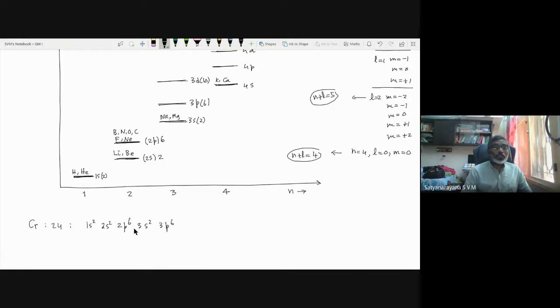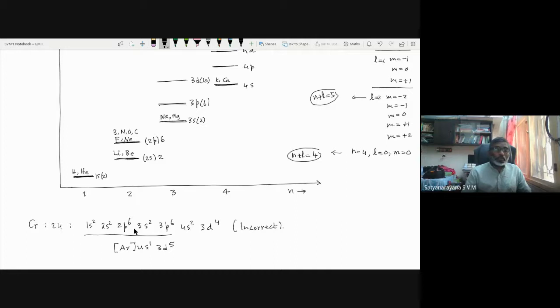So 10 plus 2, 18, and then 4s2, 20, and then 3d4 it should be 3d4. But this configuration, which we would have written normally like this, is not correct. Okay, so this configuration turns out to be incorrect. Okay, what is the correct one? Correct one is, up to this is the argon configuration. So we will write this as argon, and then 4s1 and 3d5. So there will be only one electron in this and 3d5.